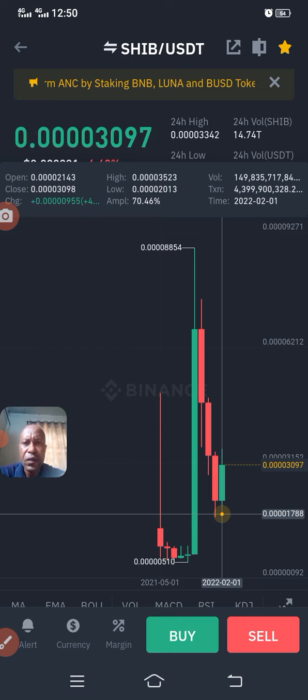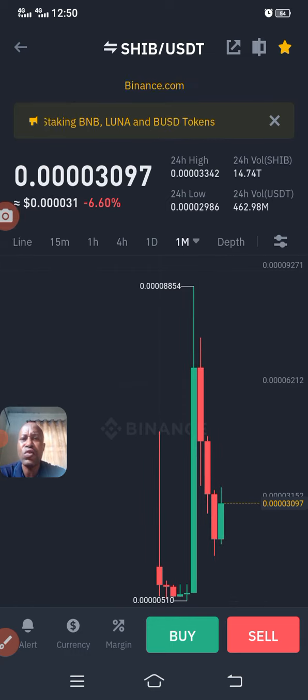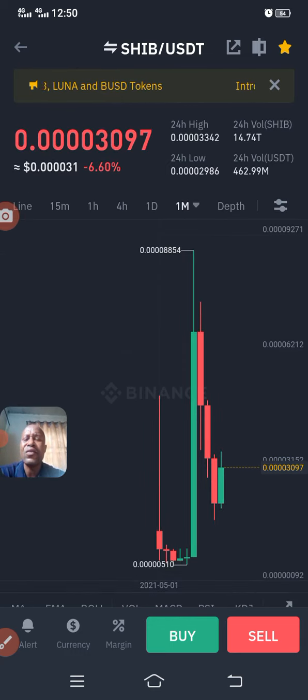Now, your monthly chart will actually show you all that has happened throughout the month. Now, to crown it all, I forgot to tell you, the green candle represents the buyers, depending on what color you are using, while the red candle represents the sellers.